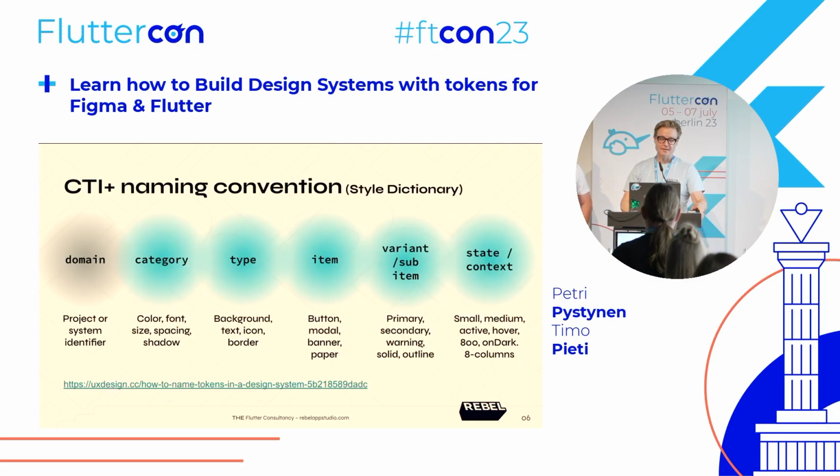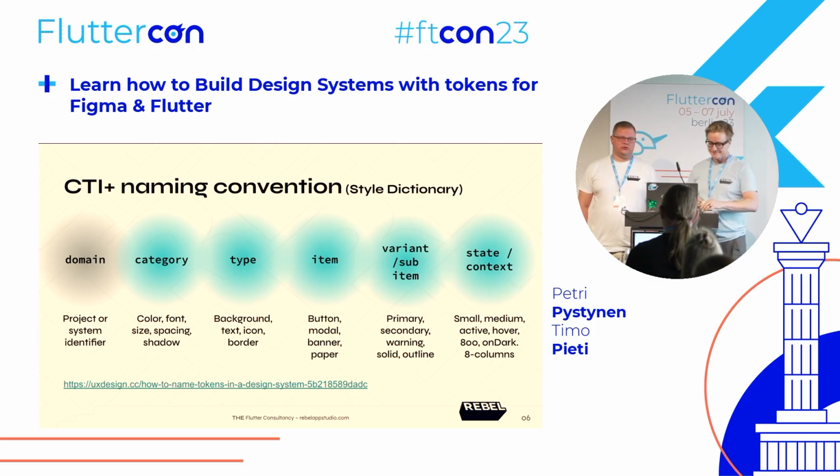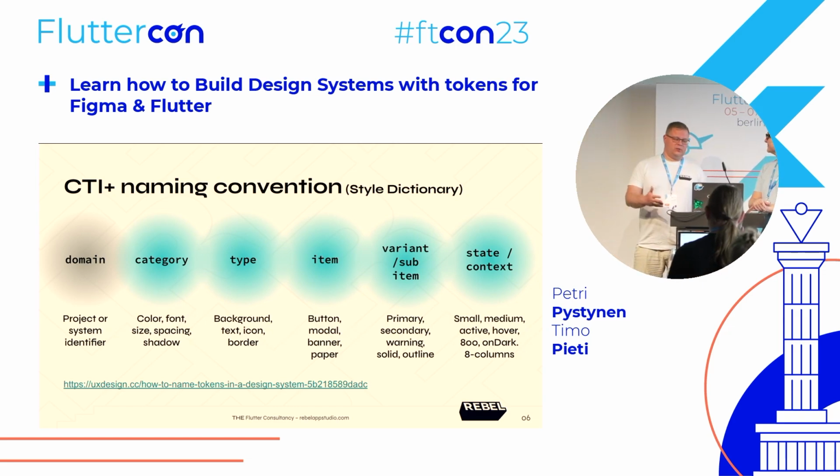The first thing, I think Timo said, is that the hardest part of coding is the naming. Yeah, and I guess it's the same with designers. But at least there are quite good examples now, and Material Design 3 has its own example about naming things.